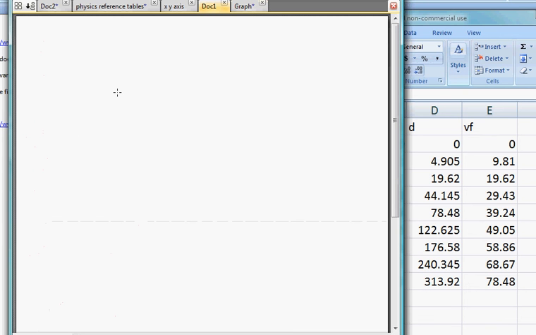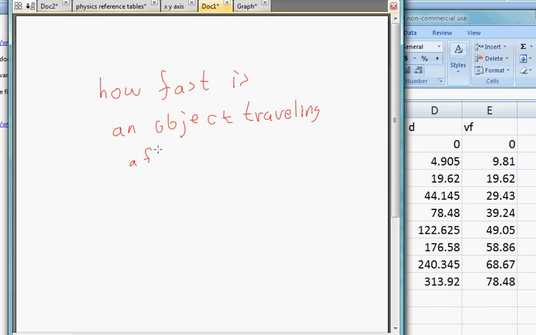Okay, now for your problems. I know this is what you guys want. Free fall. How fast is an object traveling after experiencing free fall for, and we're going to say 30.5 seconds.